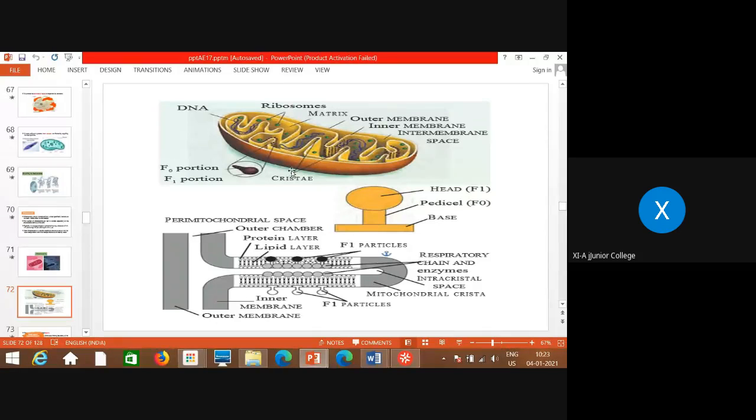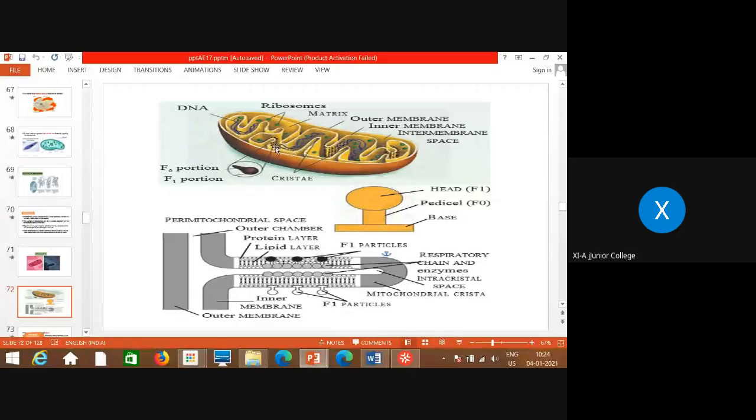This is the section of mitochondria which shows the outer membrane which is smooth, and the inner membrane with the folds. There is a space between the outer and inner membrane that is called the intermembrane space or lumen. Inside the inner membrane, the matrix is present, which shows the presence of circular DNA, ribosomes, some enzymes and proteins.